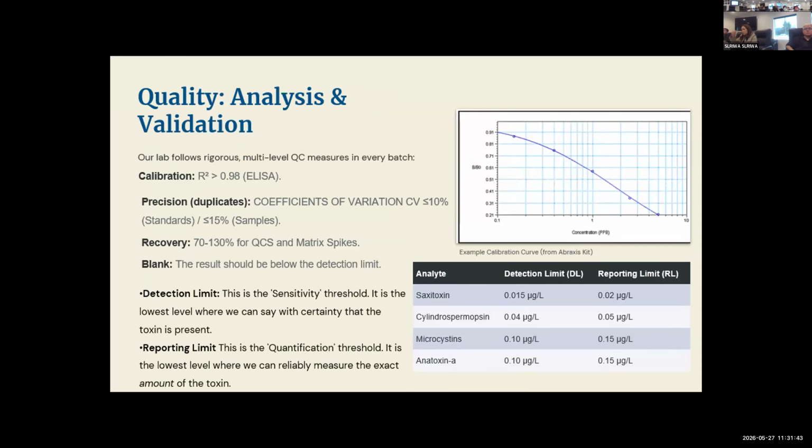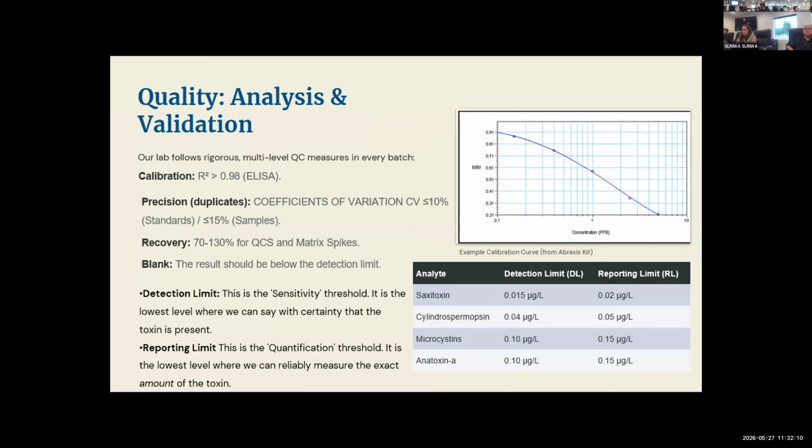Regarding our quality controls, we have implemented a multi-level QC system applied to every batch. We maintain a high calibration standard with an R-squared greater than 0.98. And this coefficient of determination value ensures a near perfect linear relationship between the equipment response and the actual toxin concentration.